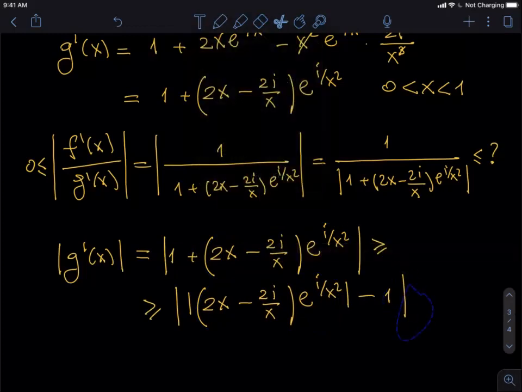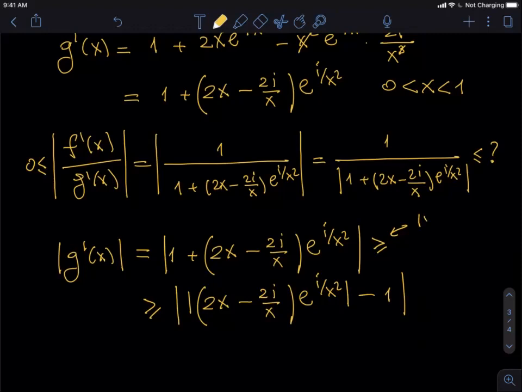Okay, that's one of the inequalities we learned earlier in the semester. So let's say the modulus of a minus b is bigger or equal than the absolute value of the difference of absolute values of a and b.